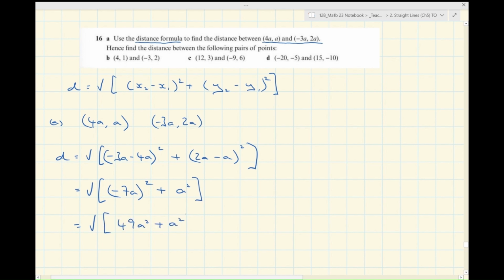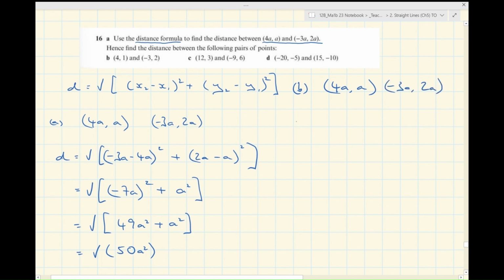That's going to give me the square root of 50A squared. Okay, so that's part A done. Right, hence find the distance between these pairs of points. So I'm going to need to link these pairs of points to my general points. So my general points are 4A, A and minus 3A, 2A.